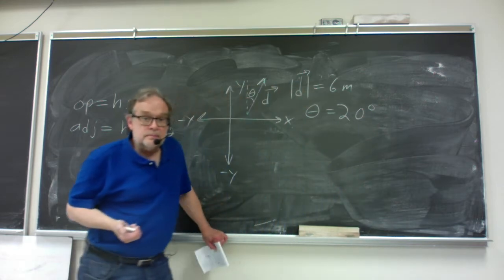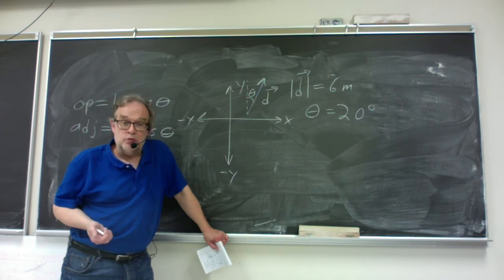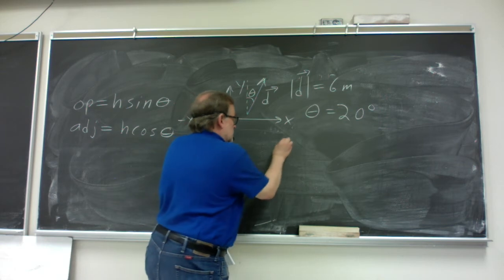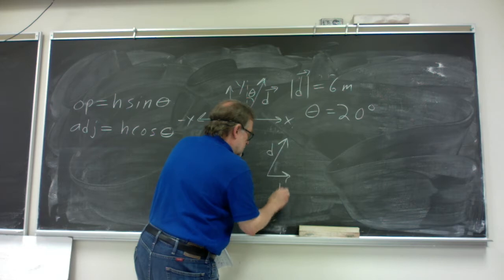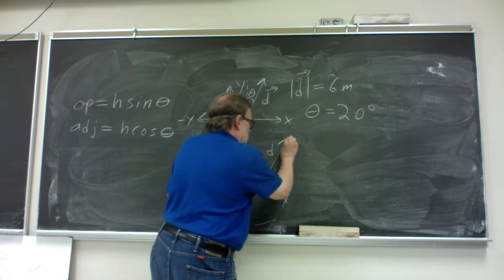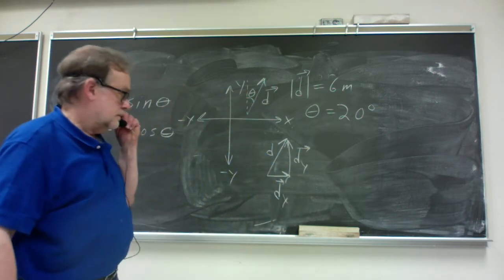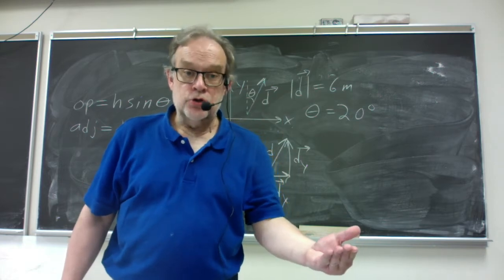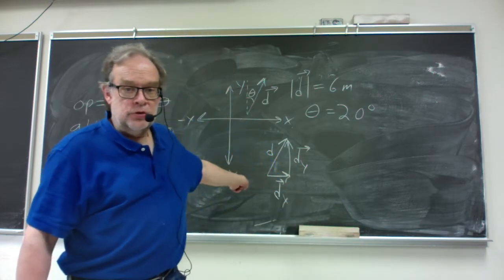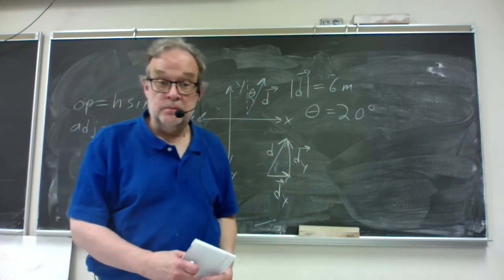So we've got magnitude and direction, and from that we can figure out the components of that vector. The vector itself is like that, so its x component and its y component would look like that. It's always the case that adding the two vector components gives you the vector itself.